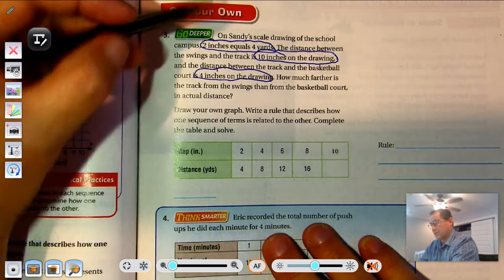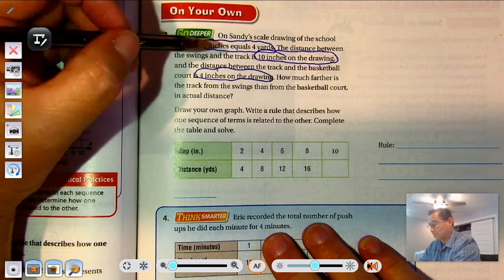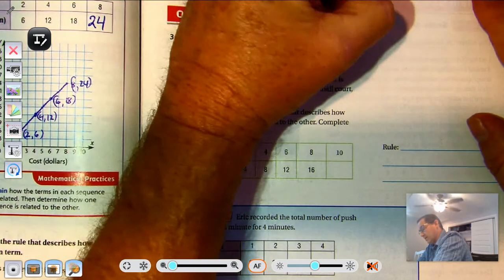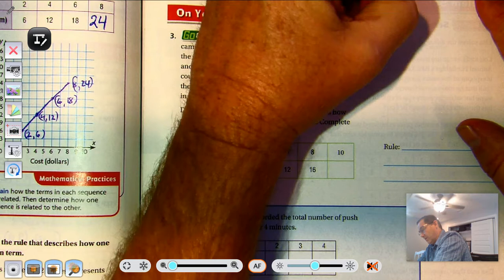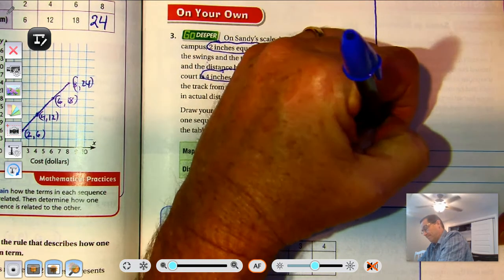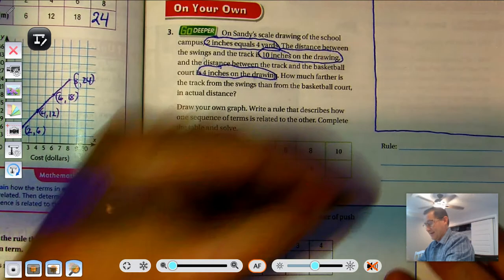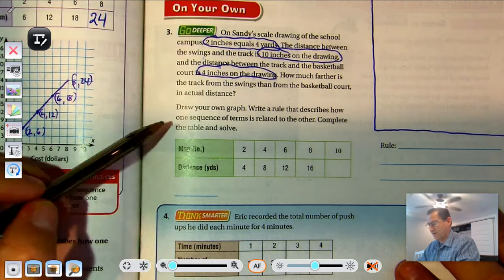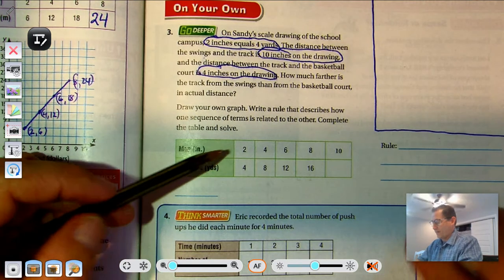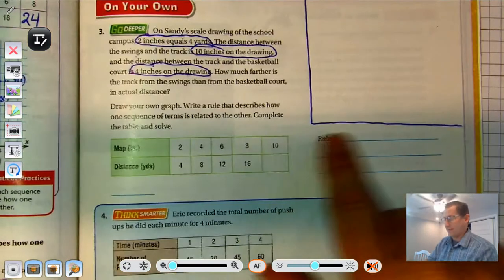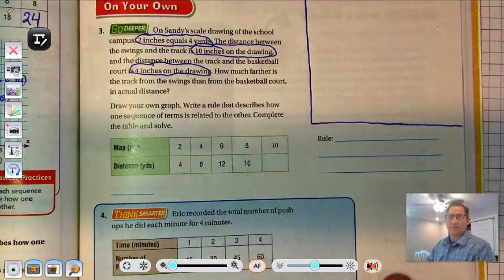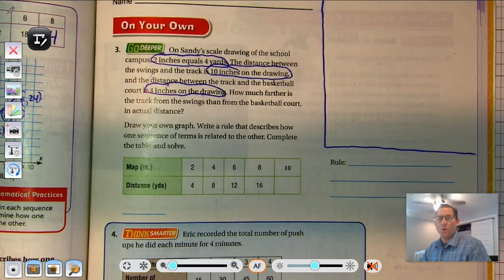All right, so they do want us to graph this, so let's draw a graph. And we'll have inches along the x-axis, and we'll have the distance along the y-axis.